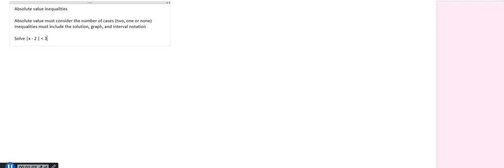So in order to split this, it's similar to saying that x minus 2 is between positive 3 and negative 3.